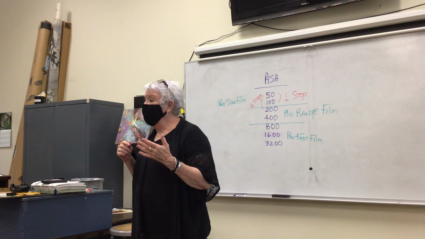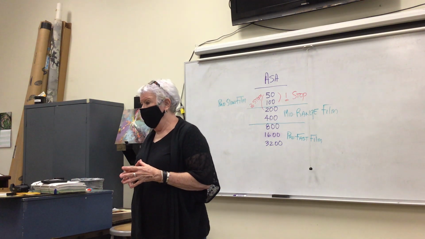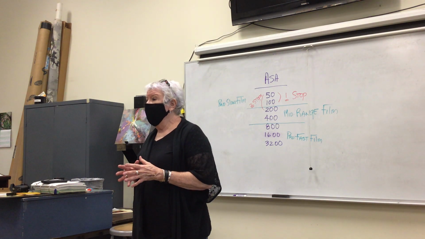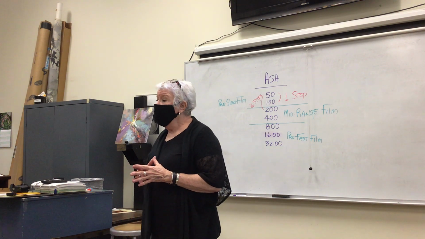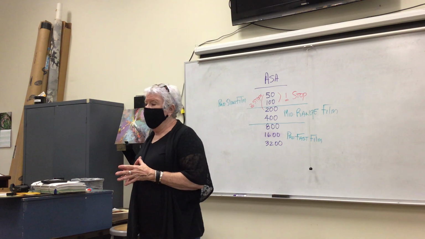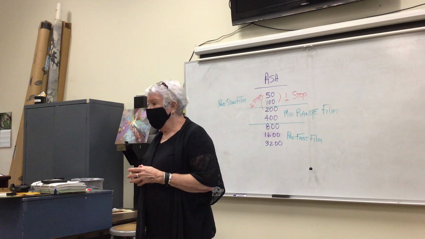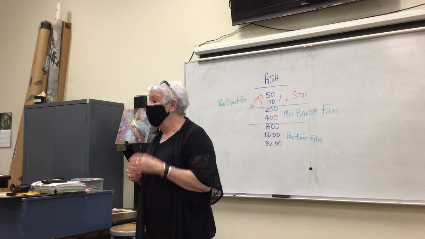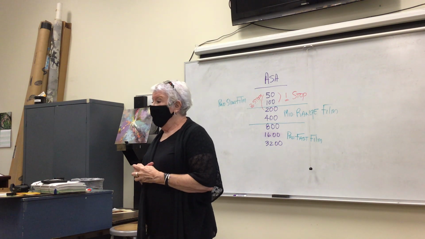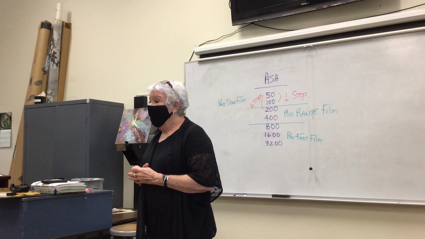Now, we just put slide film in the camera, positive film, and we want to slightly underexpose. What would it be for ASA 400? 1/500. What would it be for ASA 200? 1/250th of a second.